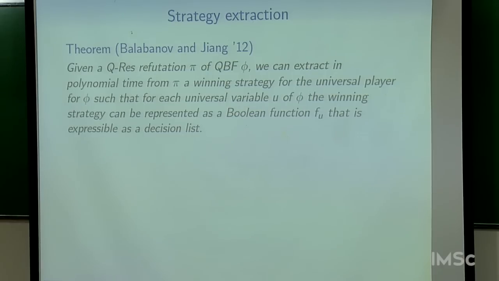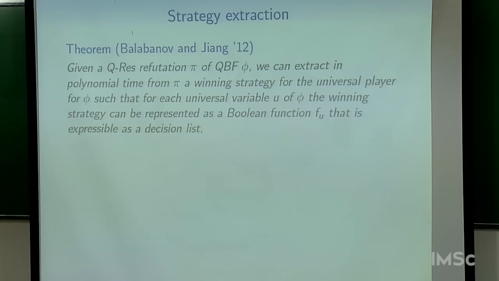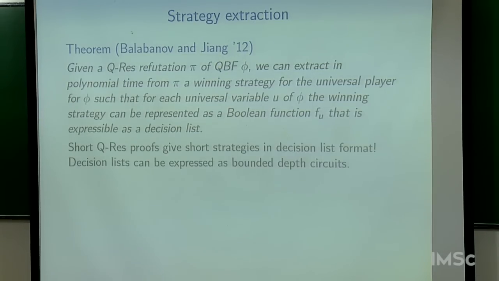The theorem is that if we have a Q resolution refutation of some false QBF, we can extract in polynomial time from the proof a winning strategy for the universal player, which can be represented as a decision list. The important part of a decision list is that it is a bounded depth circuit.